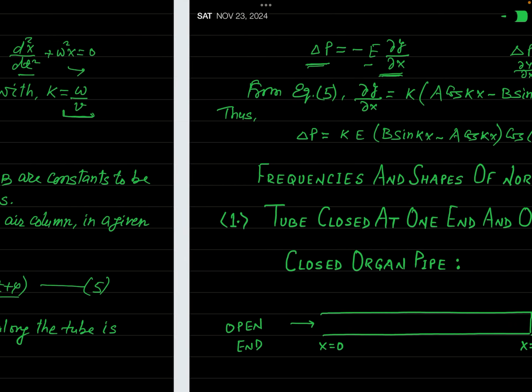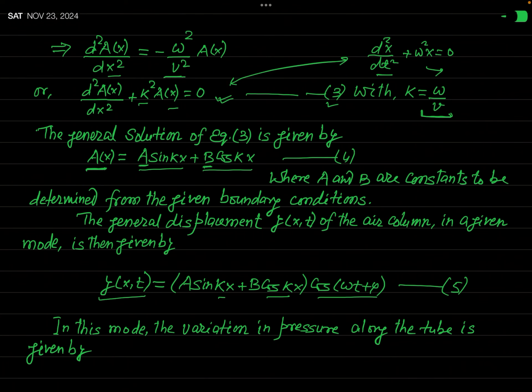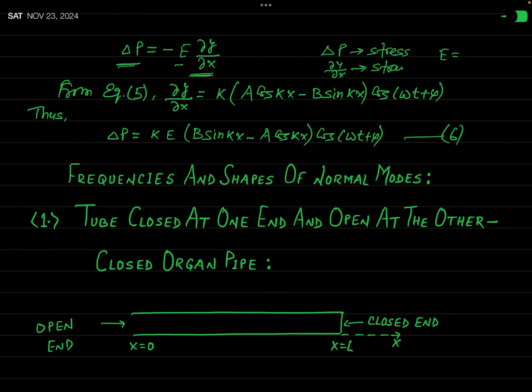How can we get this del y by del x? You can get the value of del y by del x from this equation 5. For this you have to differentiate y partially with respect to x, because y is also a function of t. So when we differentiate it partially with respect to x, our result will be simply equal to k times (a cos kx minus b sin kx) times cos(omega t plus phi).